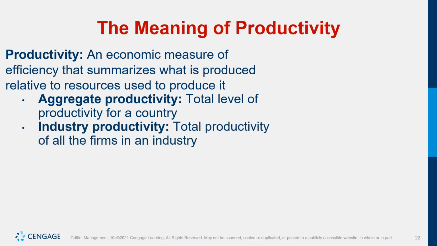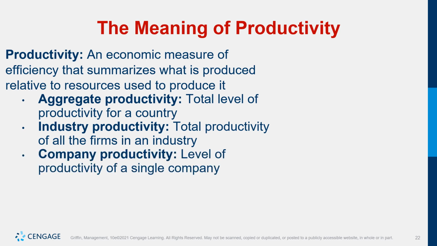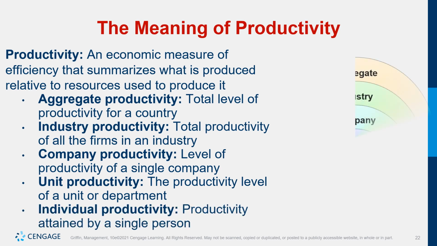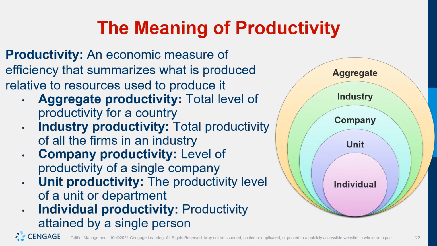Industry productivity is the total productivity achieved by all the firms in a particular industry. Company productivity is an individual company's productivity. Unit productivity is the achievement of a unit or department within an organization. Individual productivity is the productivity level attained by a single person.